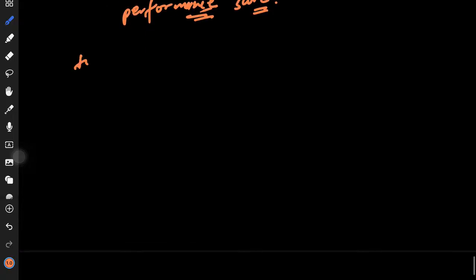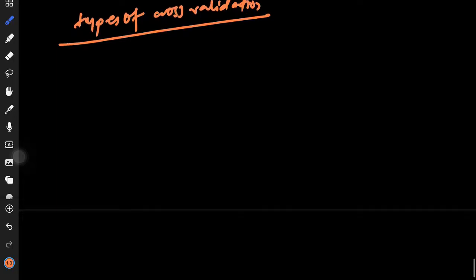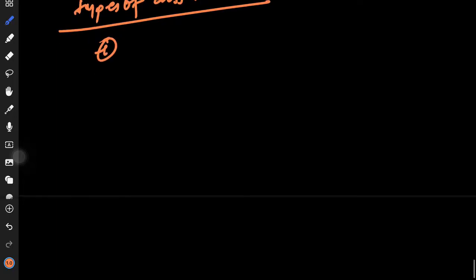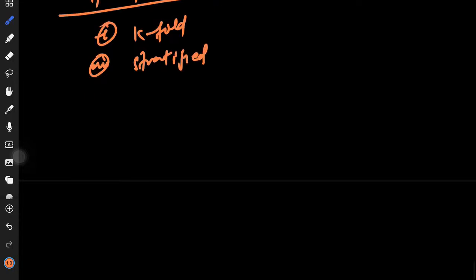So there are various types of cross validation. The first type is k-fold. Then the second one is stratified, which is used in classification.